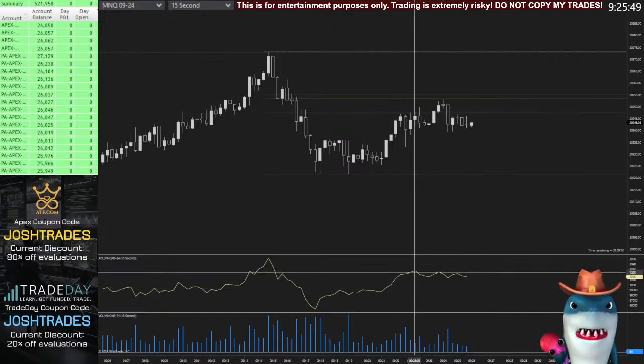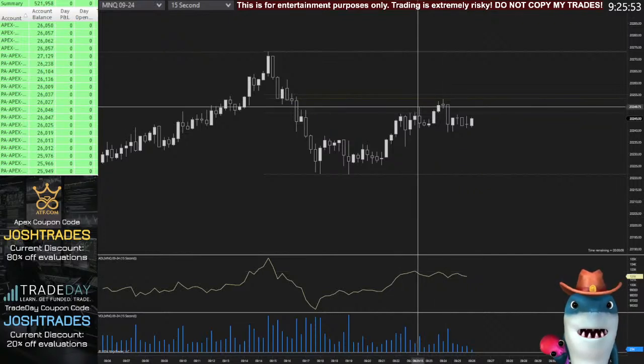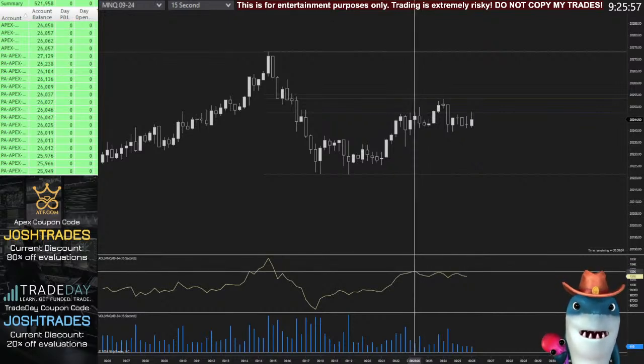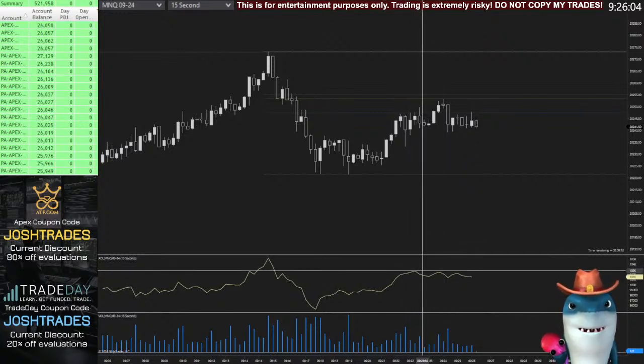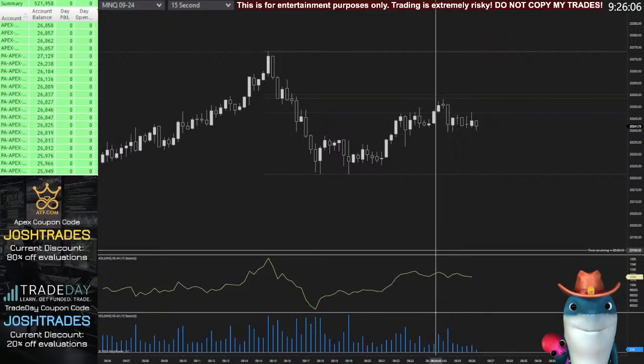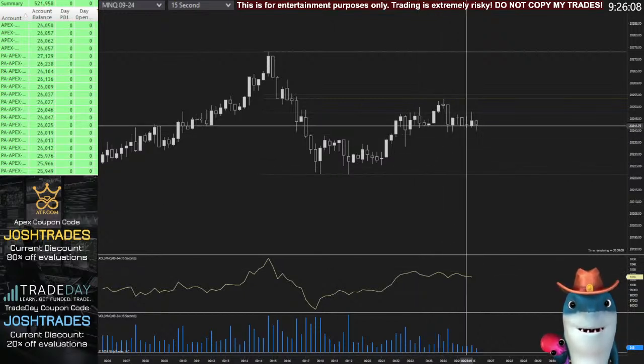Okay, so here there's slight divergence. We can see that price made a higher high here, and on AD, price technically made a lower high. So I think this counts as a bearish divergence, which is bearish.